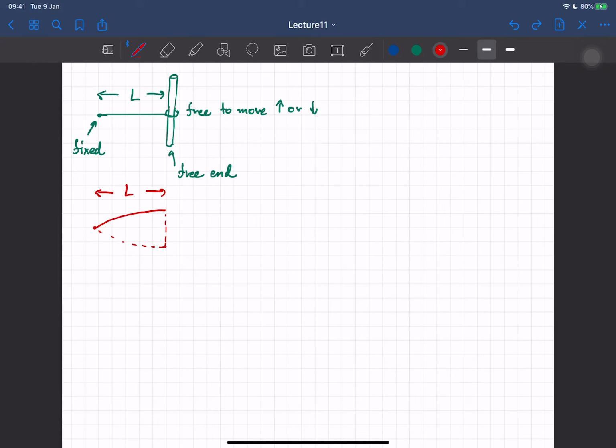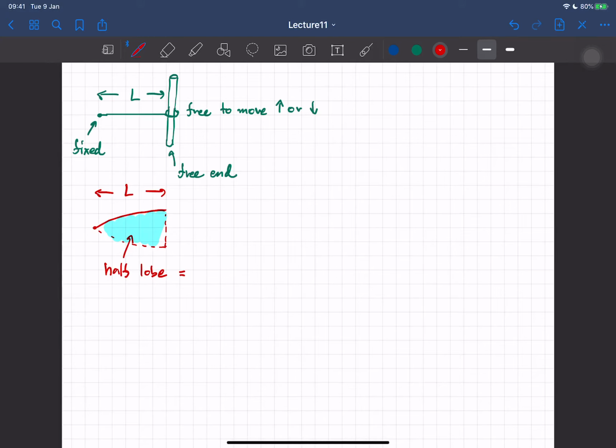So how do we find the wavelength then? Remember that one lobe is lambda over 2, so this is half a lobe, right? Because one lobe is the whole thing like this, and this is only half of it.